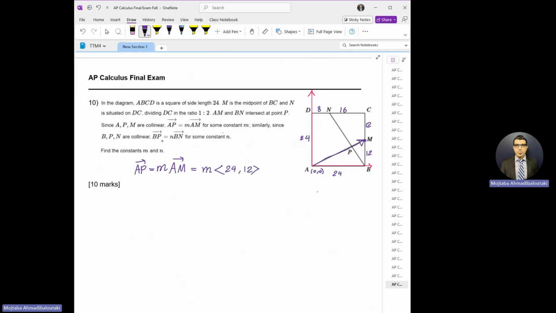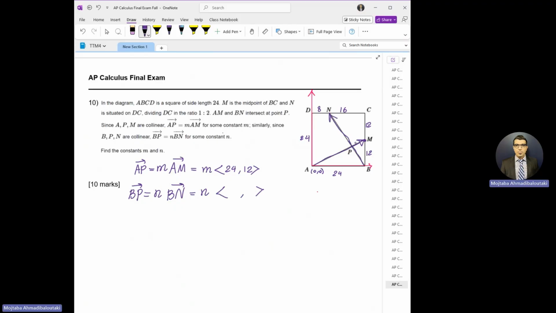And also the same thing for BP. BP first is n times BN, right? So all we need is to find a vector representation of BN. So BN is this vector going all the way there.